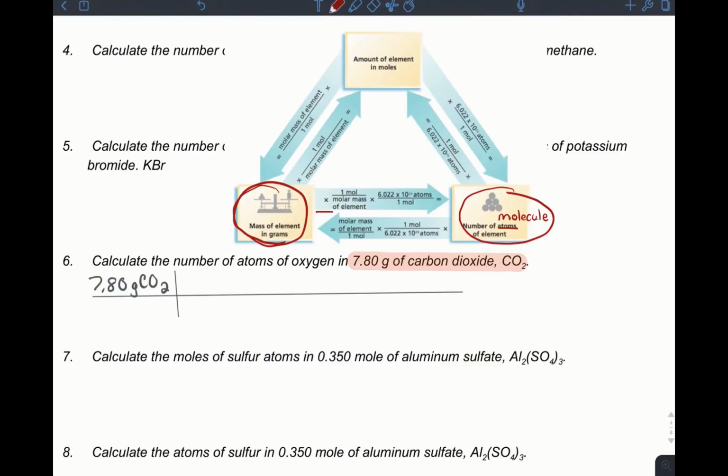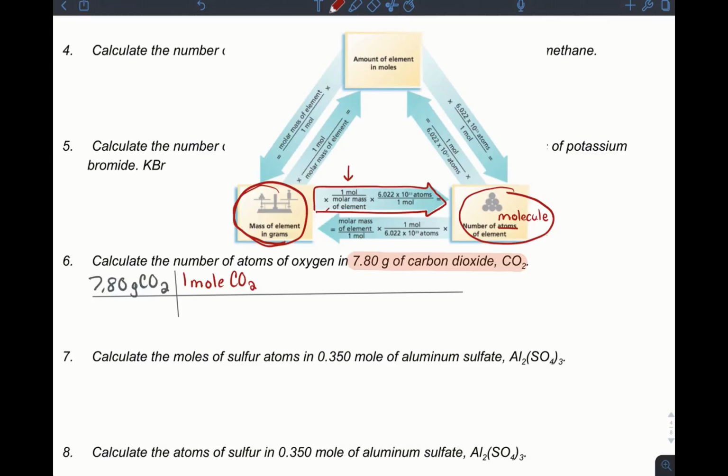That means that we're going to have this right here at the top that you're going to start with. So to begin, I'll put in my 1 mole of CO2 at the top.